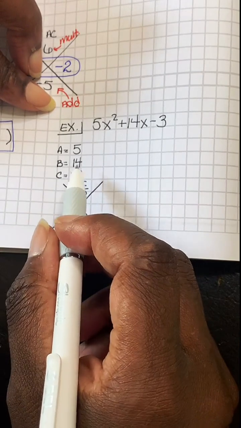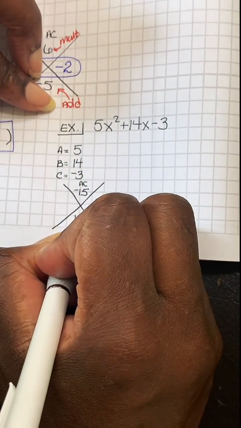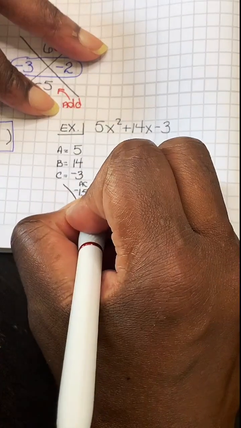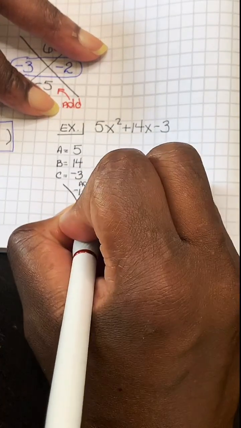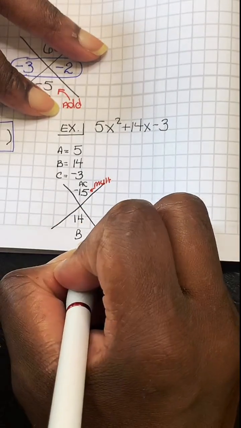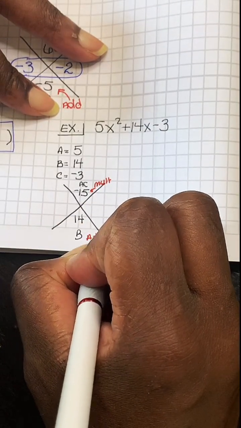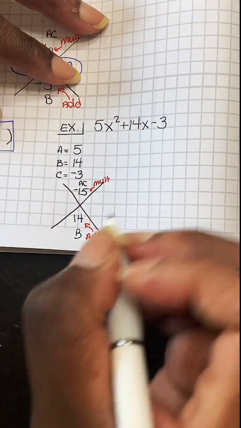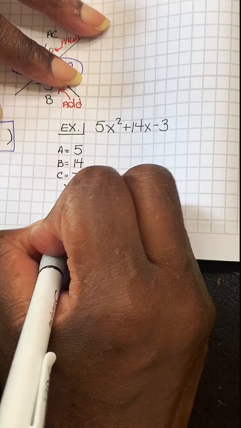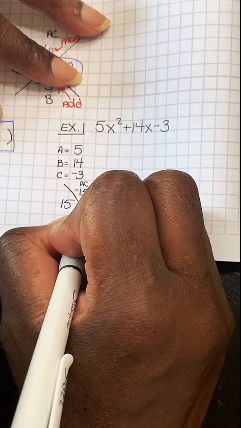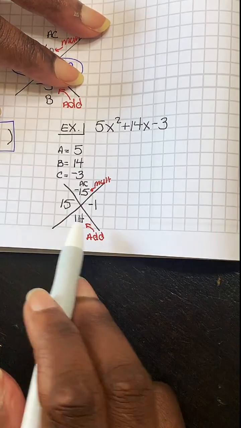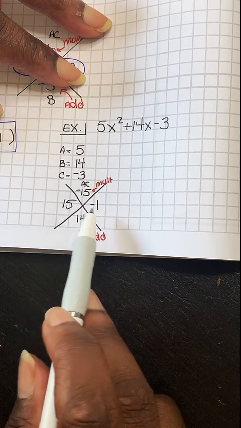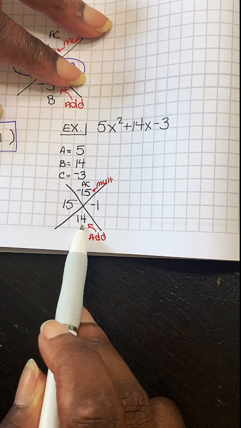Then we're going to rewrite our B, which is 14. Now we have to think, what two numbers multiplied will give me -15 and add to give me +14. And I think it was Madison that mentioned, oh, well, we got 15 and 1, but the 1 is going to be negative. Because 15 times -1 gives me -15, and 15 plus -1 gives me 14.